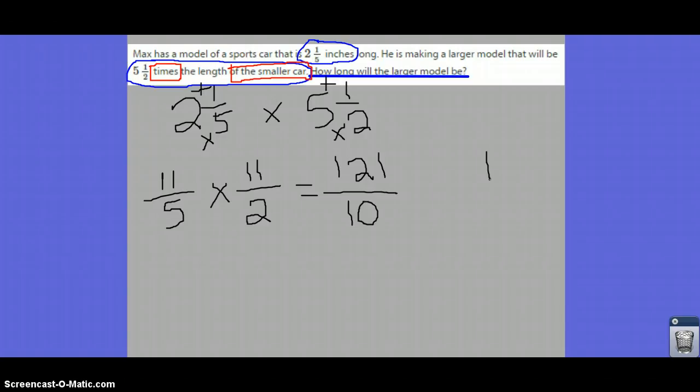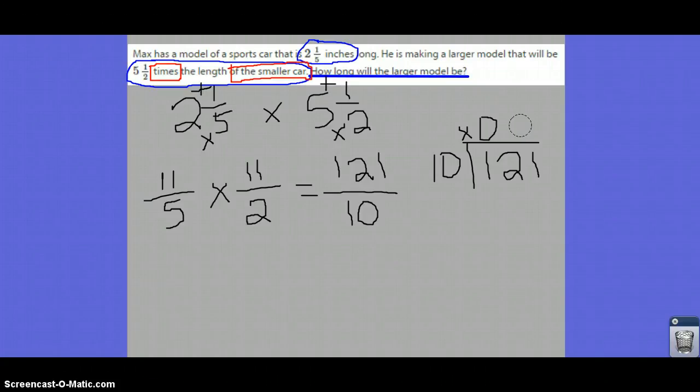So now we need to take 121. And remember, an improper fraction is when your numerator, your top number, is larger than your denominator, your bottom number. Otherwise, we would call it a proper fraction. So now 10 will not go into 1. 10 will not go into 12. Oh, let me get my eraser.